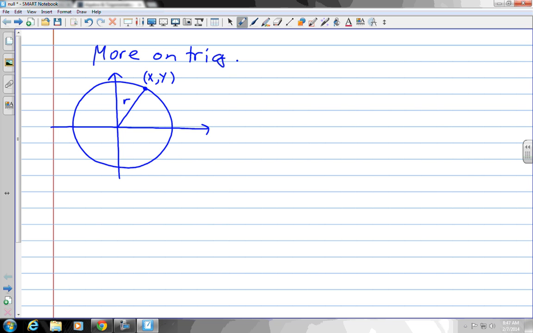So the way we've been looking at these situations is that we consider an angle that is formed by the x-axis and what we call the terminal side. Let's call it theta.